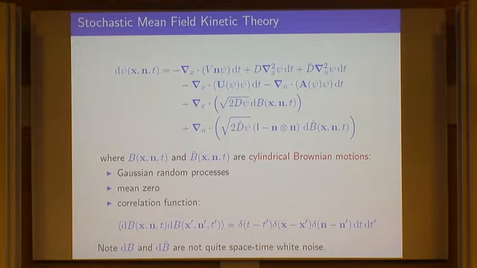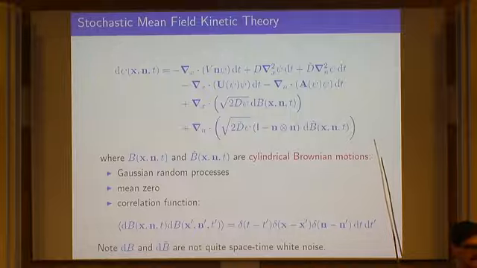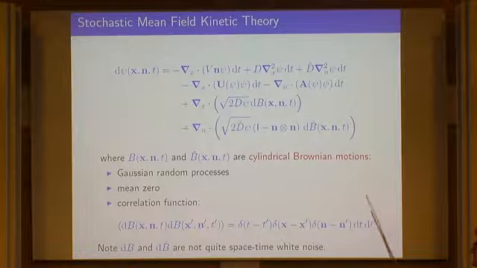This is not quite space-time white noise. You've got delta functions on everything, but it's a little bit smoother in time, in the sense that if I smooth out space and time, I would have delta t prime here. Oh, sorry, I said it completely backwards.